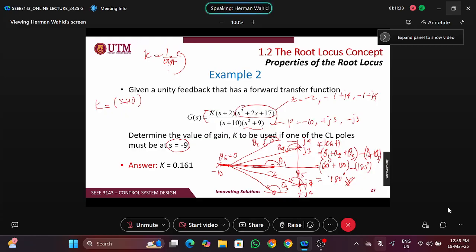S plus 10, S squared plus 9 divided by S plus 2, S squared plus 2S plus 17. And with the condition of S equal to negative 9, you need to substitute negative 9 to all those S over here. Okay, then finally you will get the value of K. And it's suggested that the value of K is equal to 0.161.